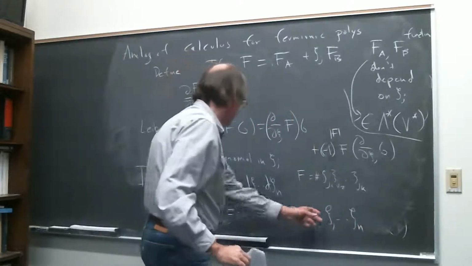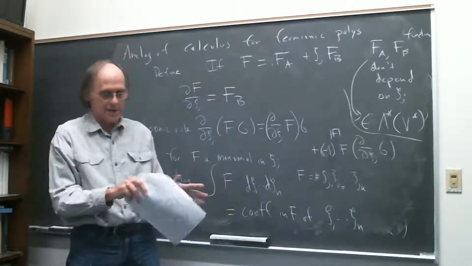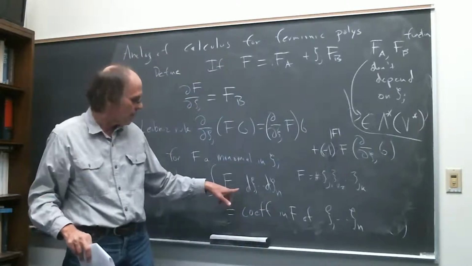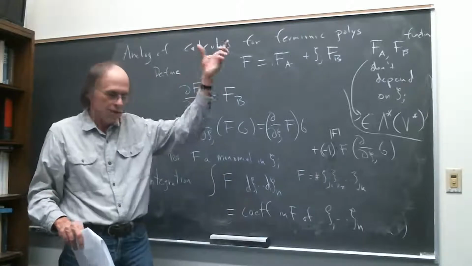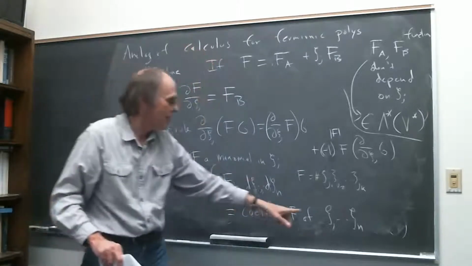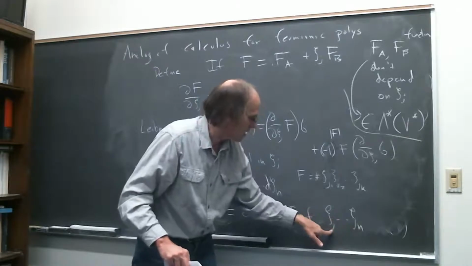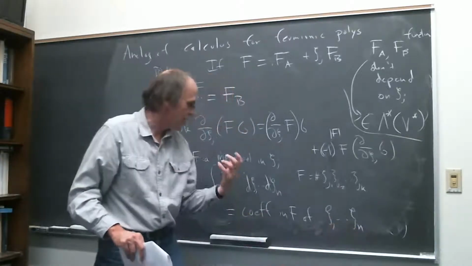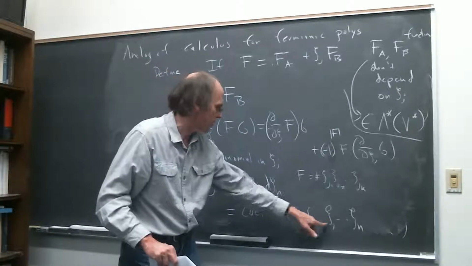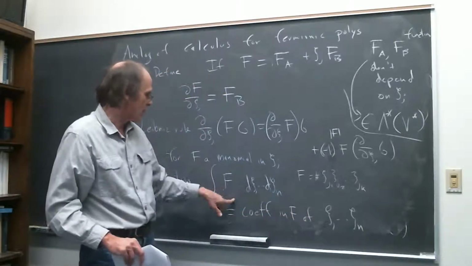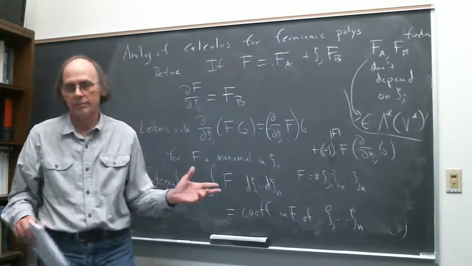So remember that: f is going to have pieces of all sorts of different degrees, but there's a one-dimensional top-degree piece, which is the thing that multiplies psi_1 up to psi_n, and just the coefficient of that piece is the integral of the function.